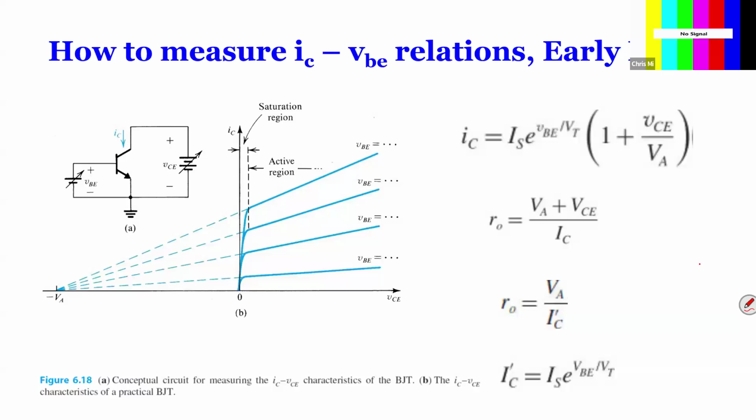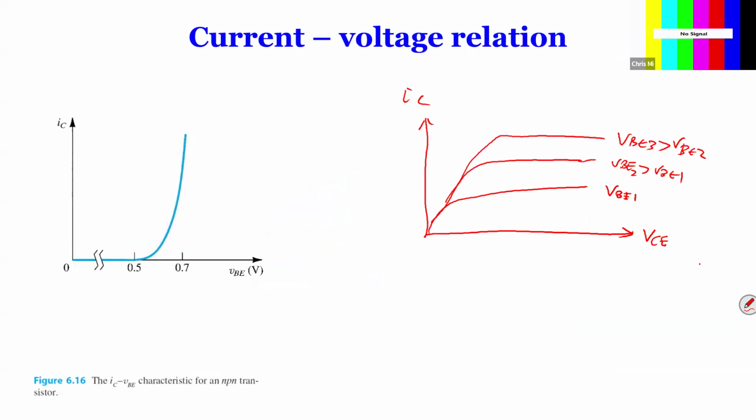However, even though you look at this curve that we drew before, up to this point we make it flat. What we are saying is that when VB is given, whatever VCE is changing, this IC is constant. Now, in fact, when you do actual measurement of a device, that's not the case.